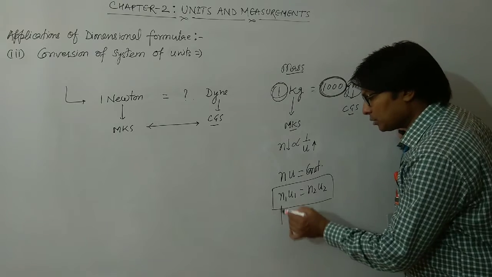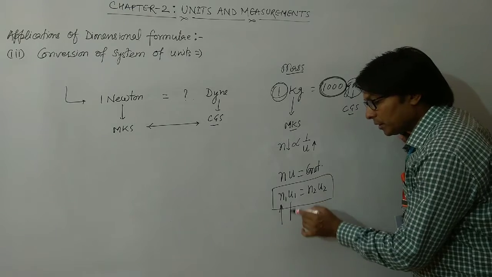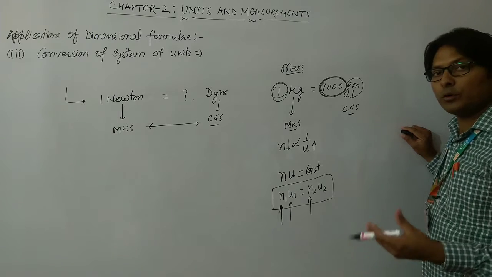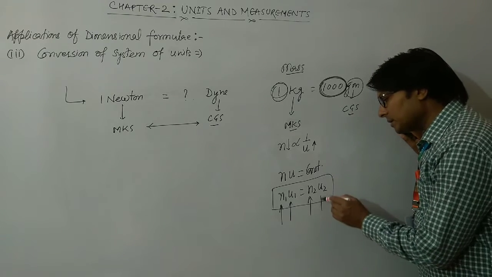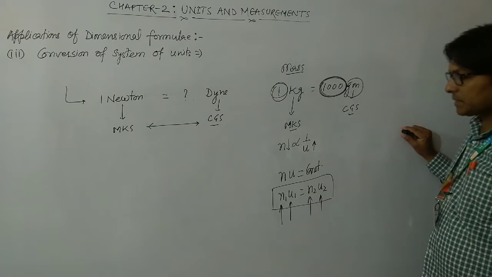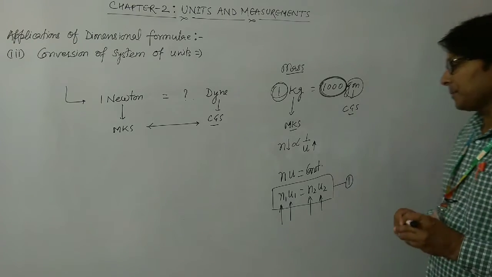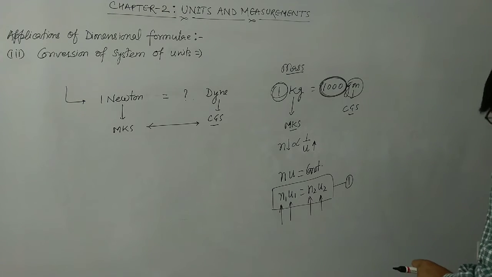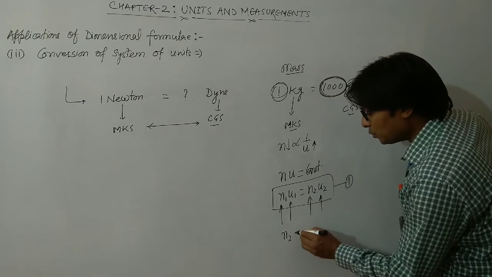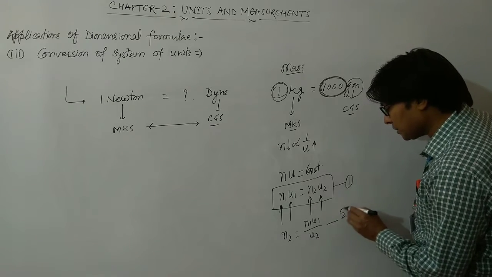N1 is the numerical value, or magnitude, of the physical quantity whose unit is U1, and N2 is the numerical value of the same physical quantity in the system of units whose unit is U2. This is the formula from which we will derive the main formula here. If I ask what will be the value of N2, you will say N2 is equal to N1U1 upon U2, and this is, suppose, equation second.